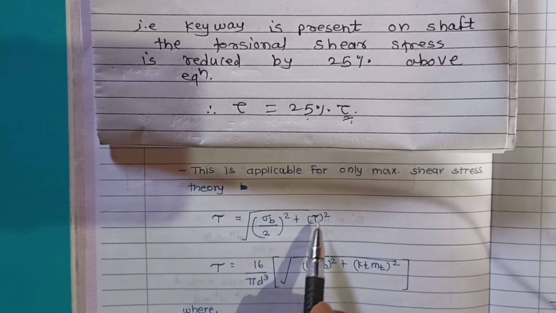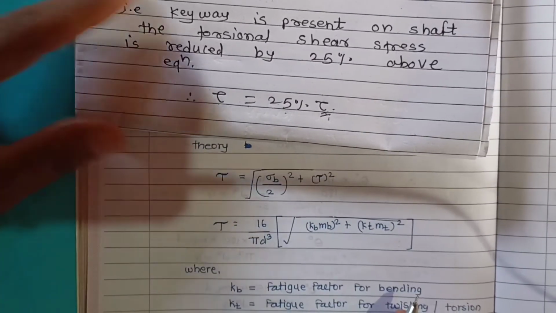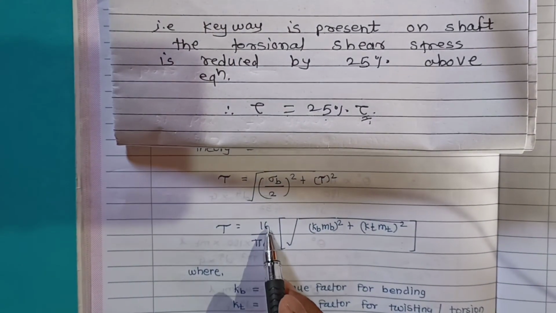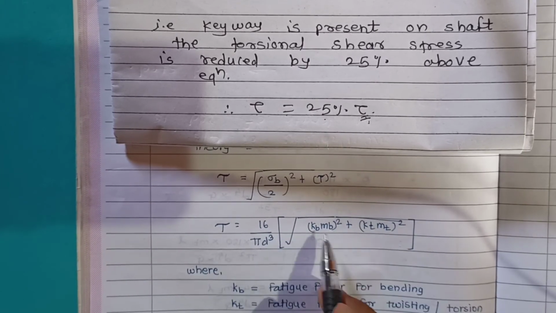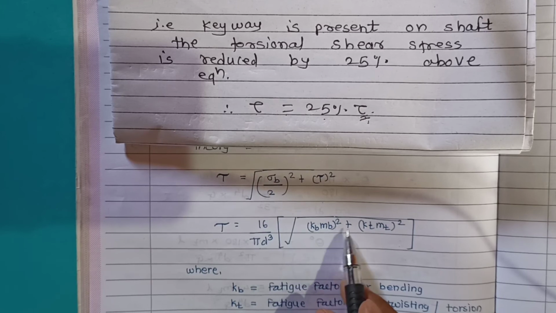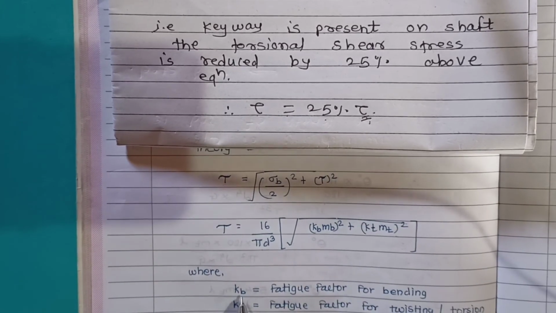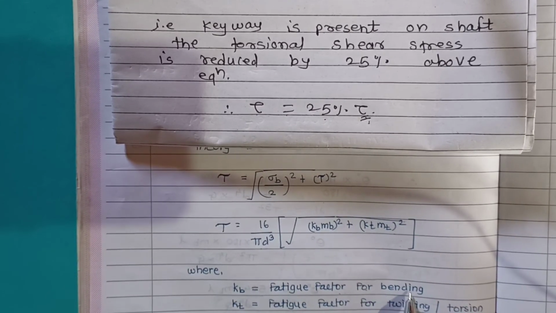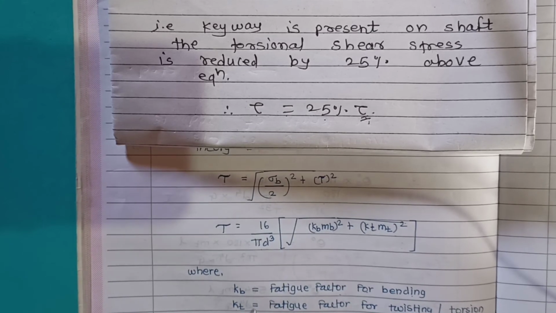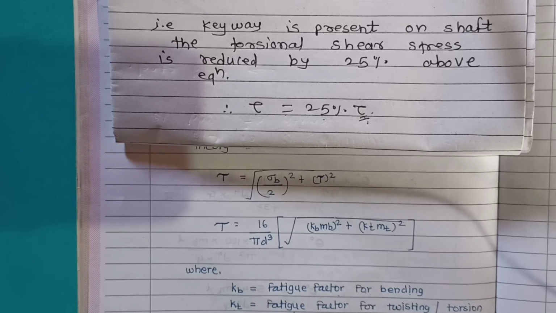After substitution of all values, the final formula is tau is equal to 16 divided by pi d cube in bracket of root of (kb Mb) bracket square plus (kt Mt) bracket square. Where kb is the fatigue factor for bending, and kt is the fatigue factor for twisting or torsion.